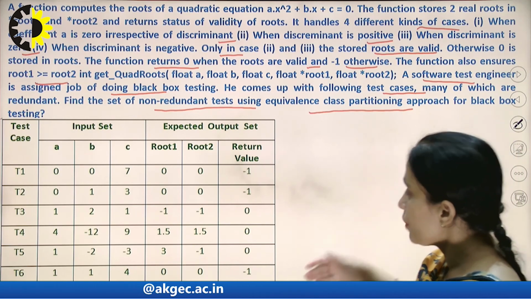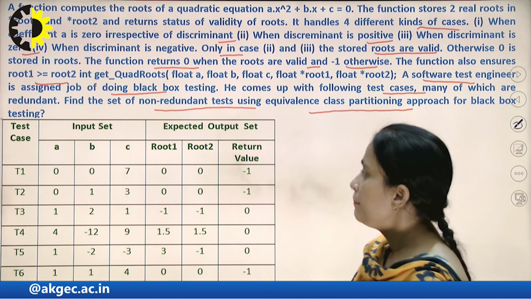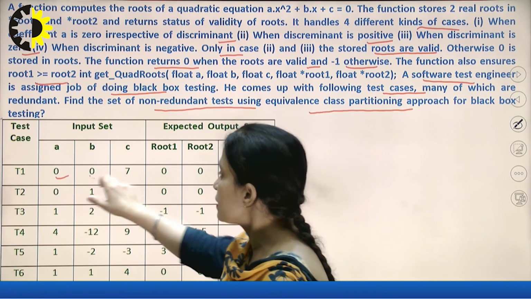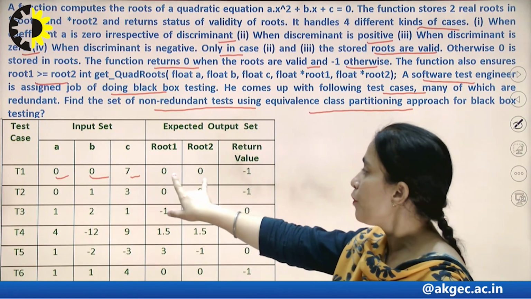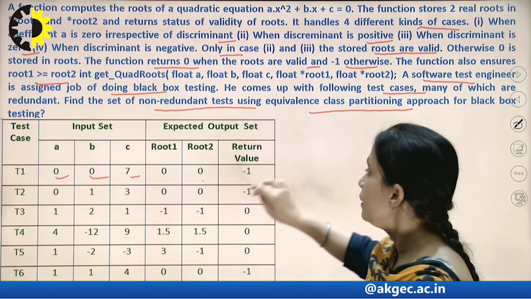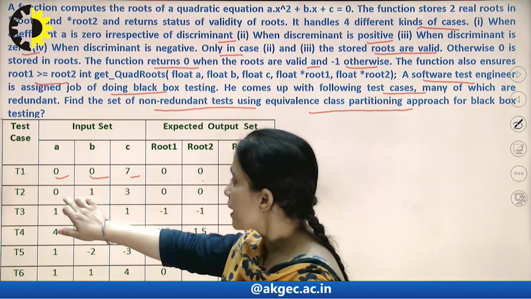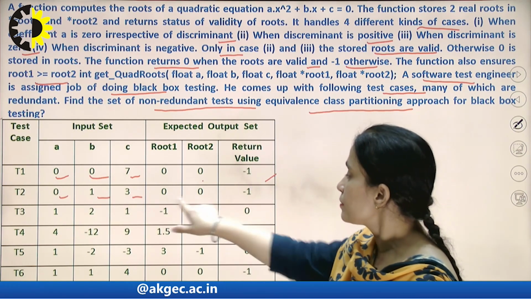When we do it, we generate these 6 test cases by taking values. Suppose I take a, b and c as 0, 0 and 7 as boundaries. Then we see what the values of root 1 and root 2 are and how they are returned. In the second test case, the values taken are 0, 1, 3 and the roots are 0, 0.